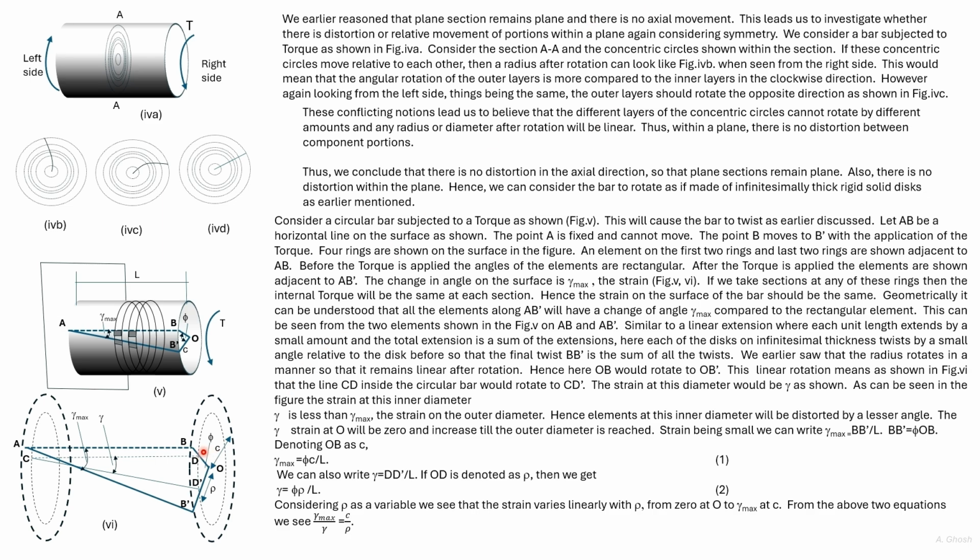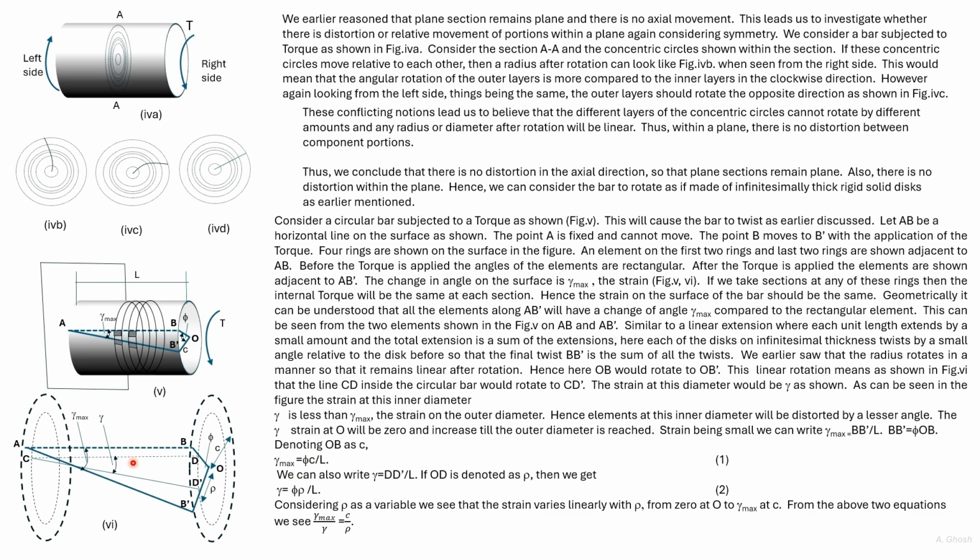Now B dash is equal to phi into OB. OB is denoted as C. So that would mean B dash is equal to C into phi, which would mean that gamma max is equal to phi C divided by L.